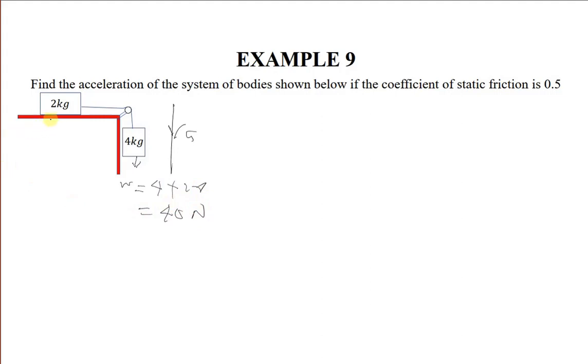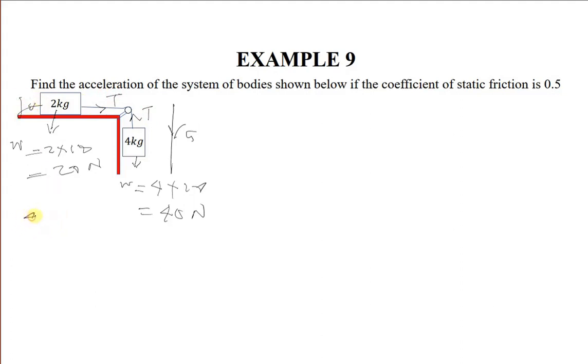For this body, the weight is 2 times 10, and that will be 20 Newton. Now, tension is moving upward here. Then frictional force is opposing the motion.